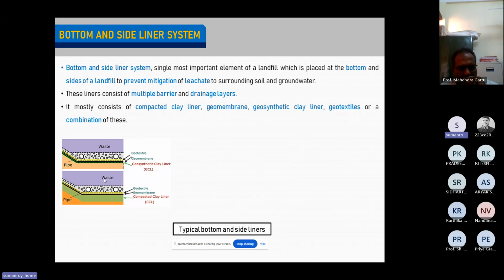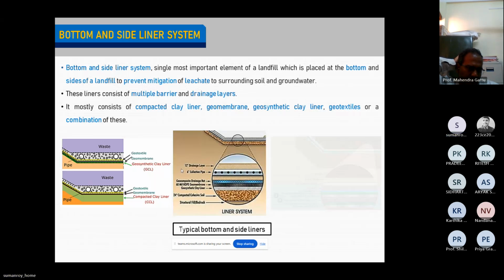So they have a compacted clay liner, then they have something called the geosynthetic clay liner. A geosynthetic clay liner also has a layer of clay that is sandwiched between two layers of geosynthetics. You can say it is an extra subsystem barrier. When the compacted clay liner may not work, or may become clogged, in those cases the geosynthetic clay liner system will work. The next part is similar in nature.